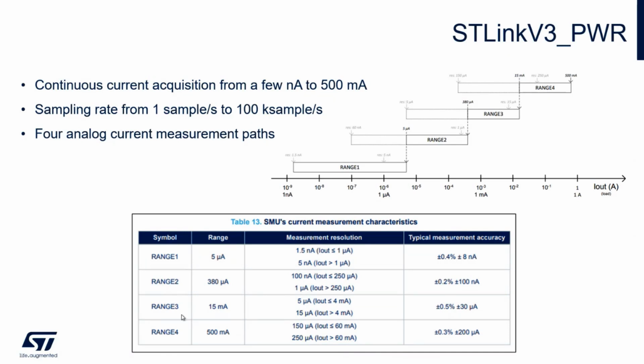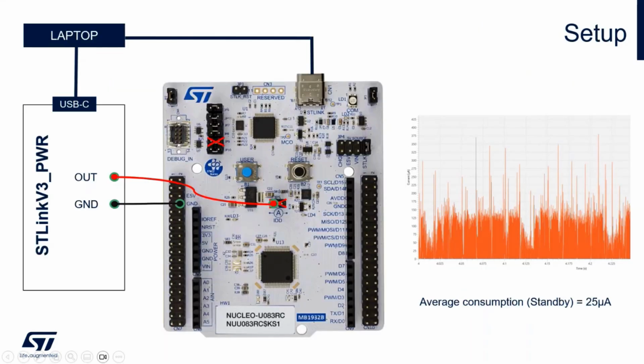You can see a table from the datasheet that shows the accuracy depending on the range used by the STLink V3 power. It's a good development tool with very good accuracy to test and verify the consumption of your application.